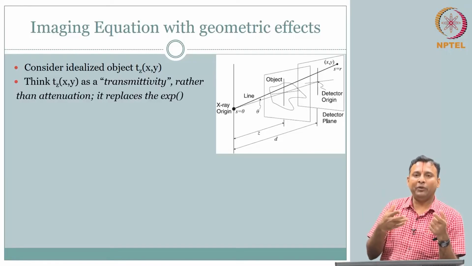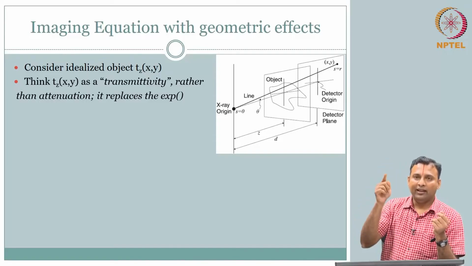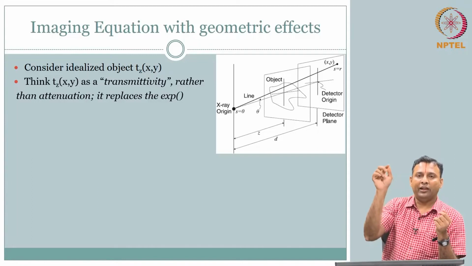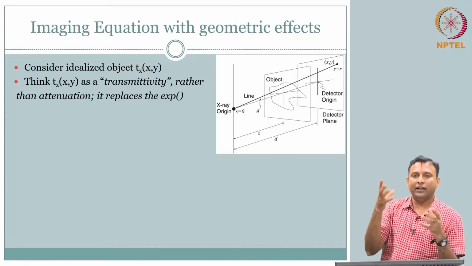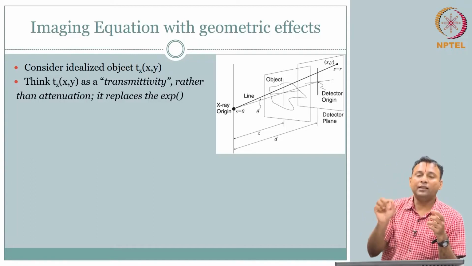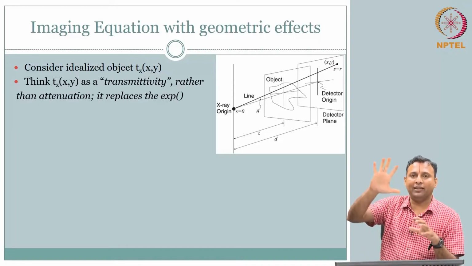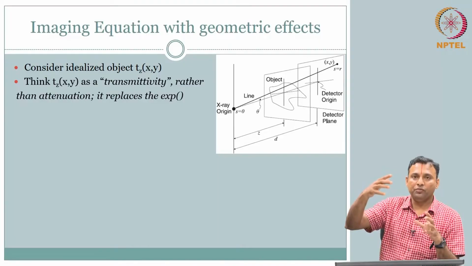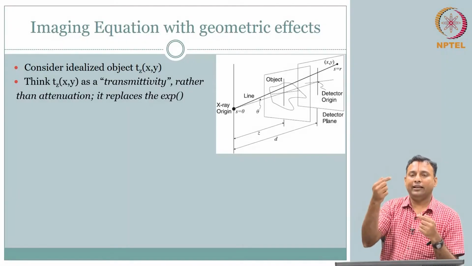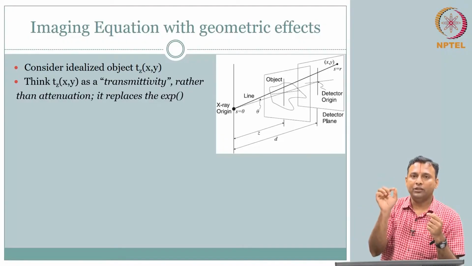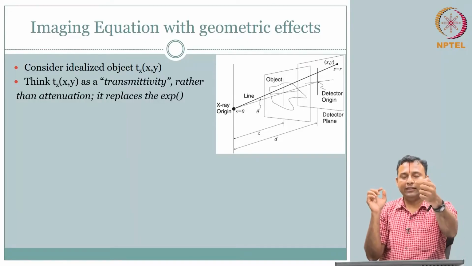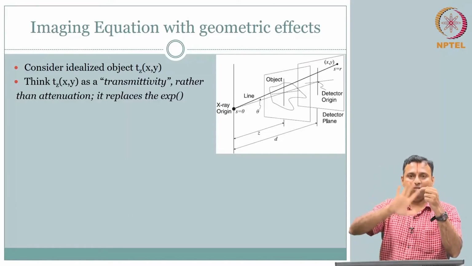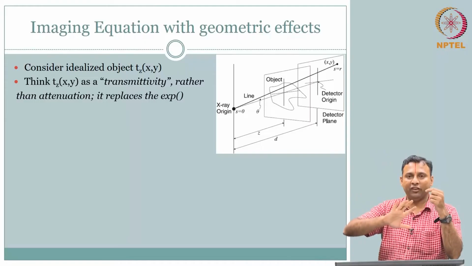Here, you can think of this as an infinitesimally thin sheet where I have something like an attenuator placed at some points. So the object pattern is there in terms of mu and the depth that is collapsed into it. So in some sense, it is like I have this transmittivity function.